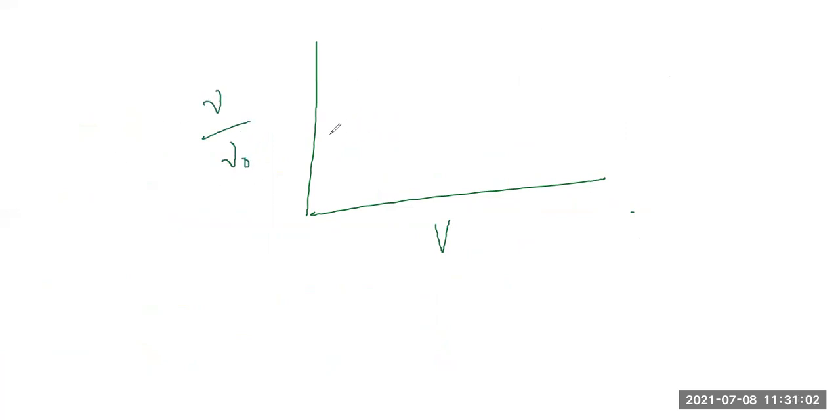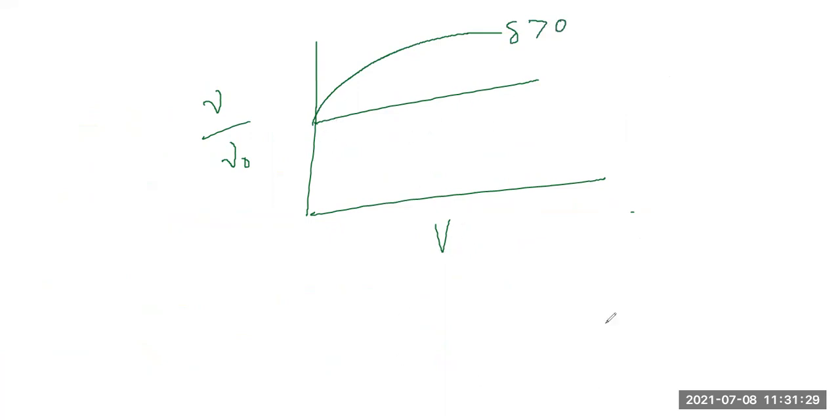When nu is equal to nu 0, the graph would be like this, right? And when there was an increase in the number of moles, when delta is greater than 0, it will be like this, right?